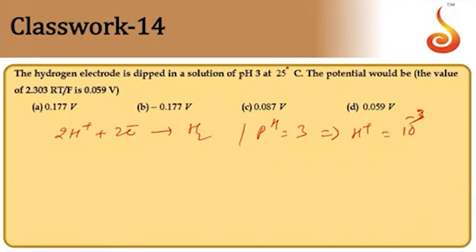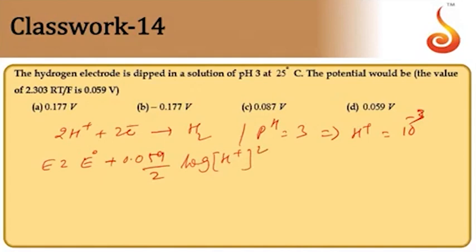Now applying the Nernst equation, E is equal to E naught plus 0.059 by 2 into log of hydrogen ion square.